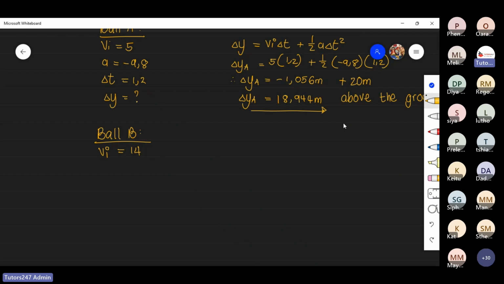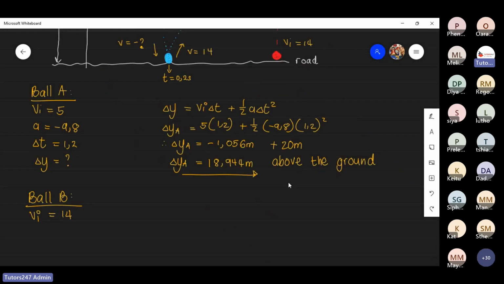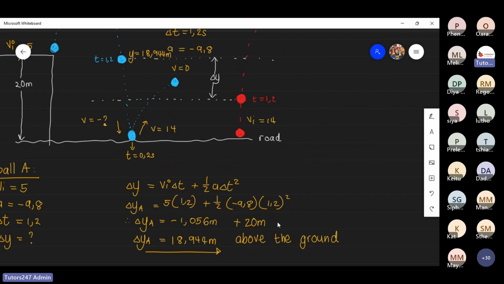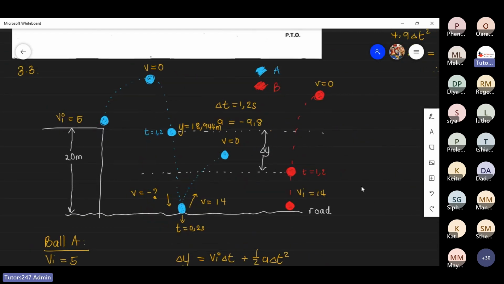Now, we needed to calculate the height above the ground of ball B. So we know that ball B was projected from the ground with an initial velocity of 14 meters per second. Because it's moving upwards, I'm going to take it as positive. Keep in mind, I assumed upwards is positive in my initial statement. So for those of you that are still a bit confused, the red drawing is ball B, okay?